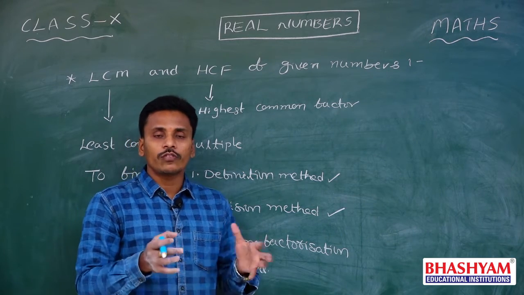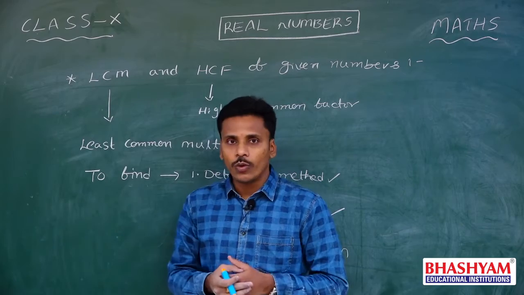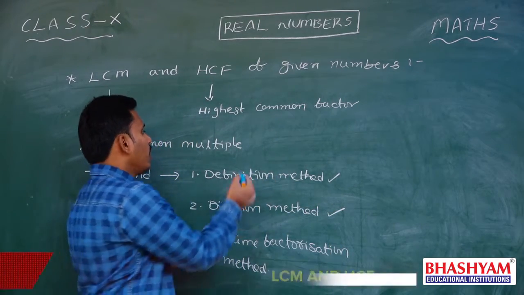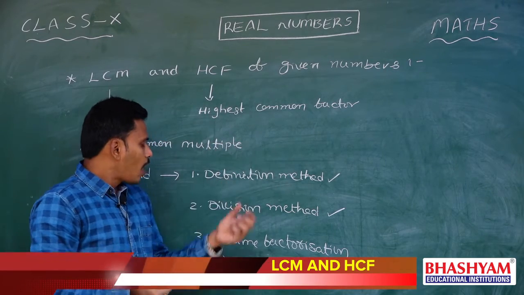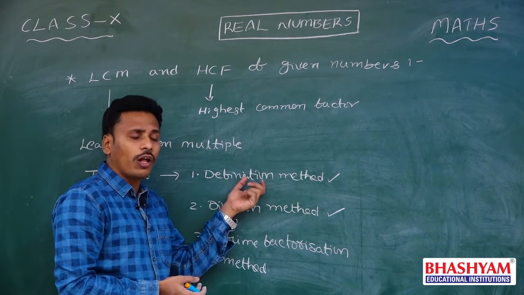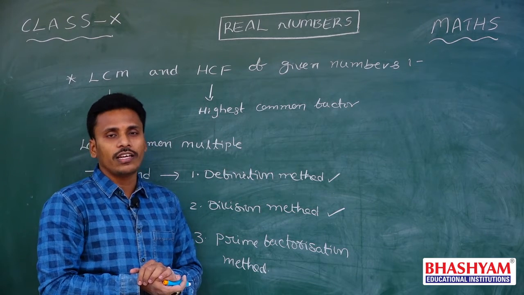This video is about the least common multiple, LCM, as well as the highest common factor, HCF, right? Right now, let us recall the definition method for the LCM. So how to find the LCM using the definition method?